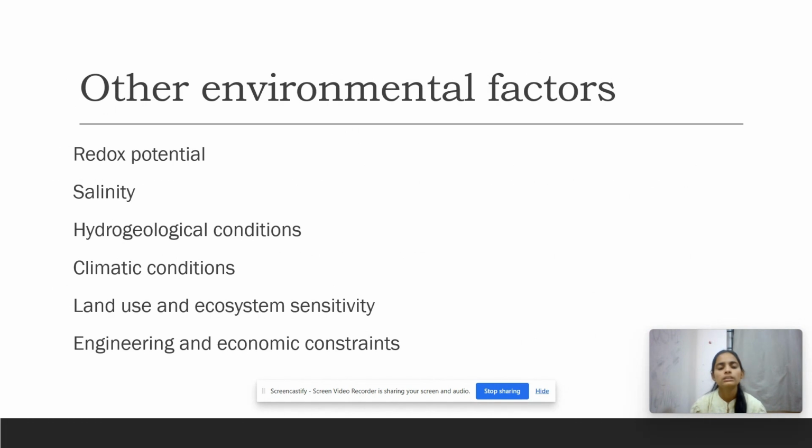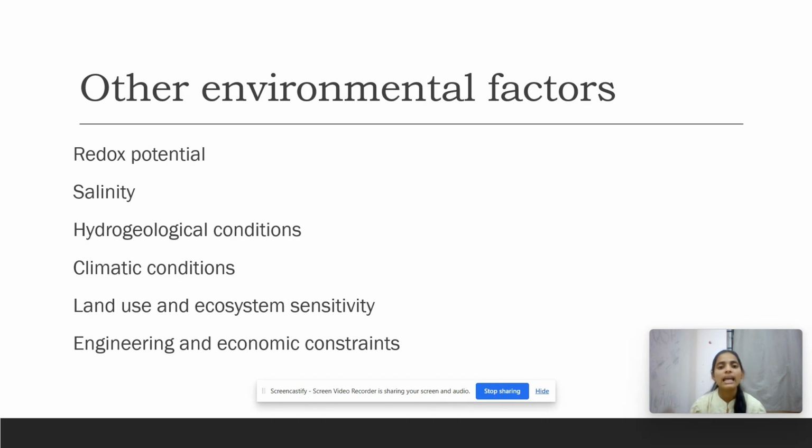Now these are some other environmental factors that affect the bioremediation process, like redox potential, like electron accepting and donation between microbes and contaminants, so the bioremediation process is affected.